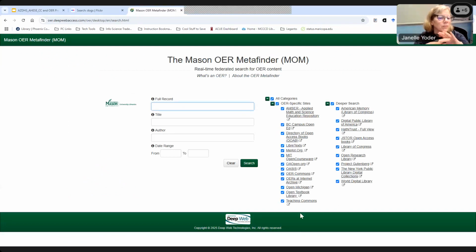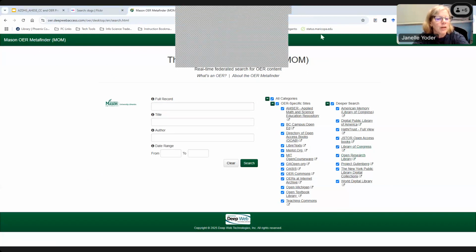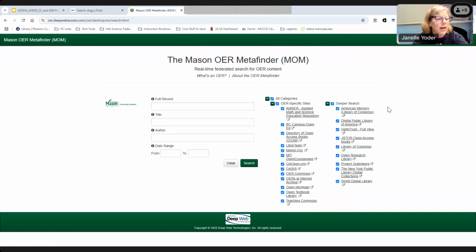It's got OER sources, and it's got other public domain sources like Library of Congress, Project Gutenberg, New York Public Library. Those are some that have a lot of digitized materials that you can access through that. And then there's lots of search filters and things you can add to that as well.